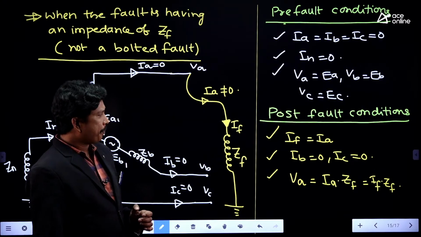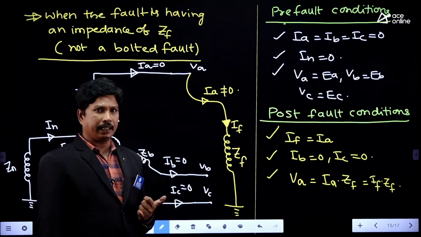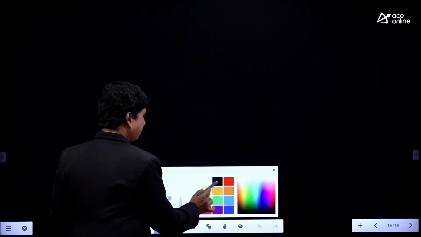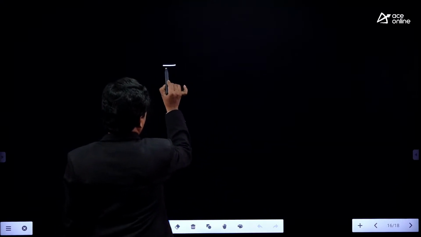Now we will see the voltage conditions and current conditions. First of all, the current conditions, the sequence current conditions.